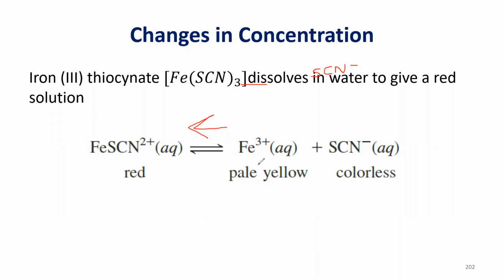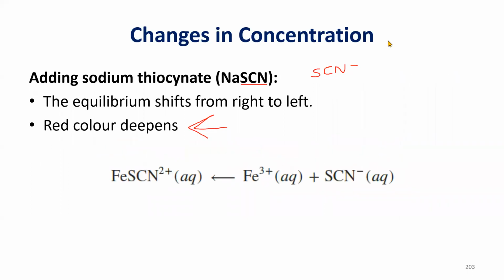So they will react with iron 3 ions to give us this ion. So because you're adding more of this, the system will move to use up the extra ions that are introduced.